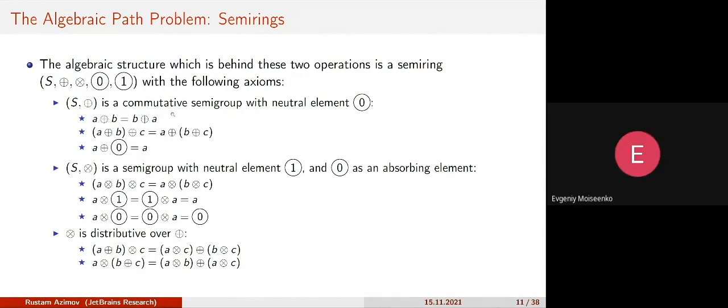Yes, I understand that if you write this in C, you cannot prove that the functions that you pass satisfy these axioms. But I think that GraphBLAS actually assumes that these operations that you pass to the library satisfy all the axioms. Mm-hmm. Yeah. Yes, this is difficult.